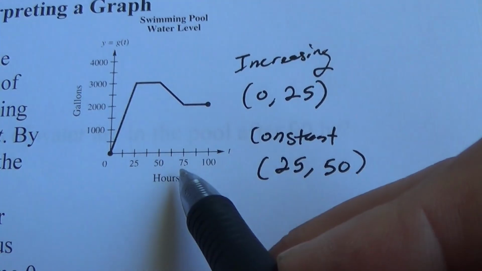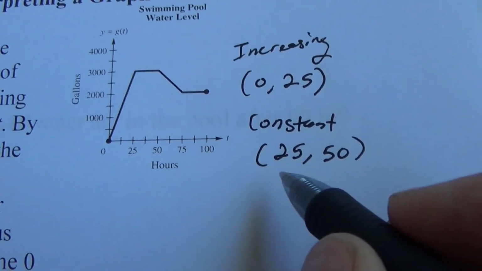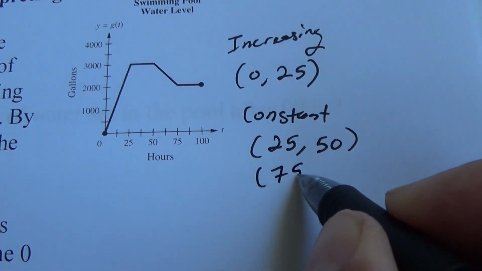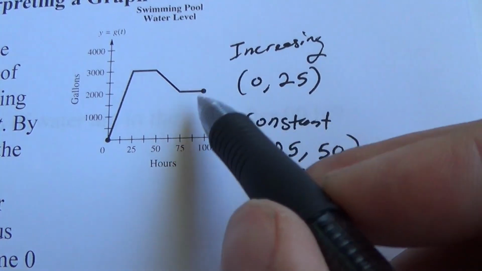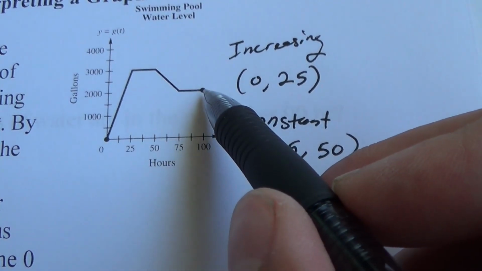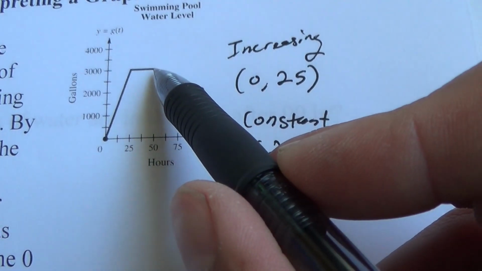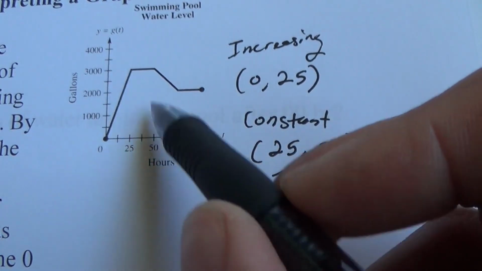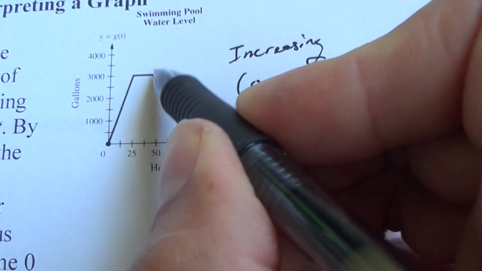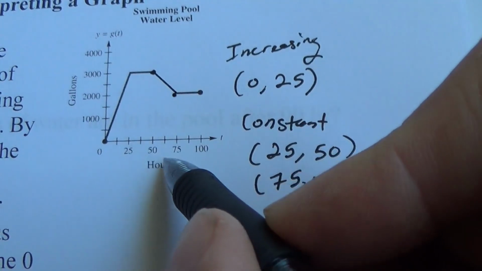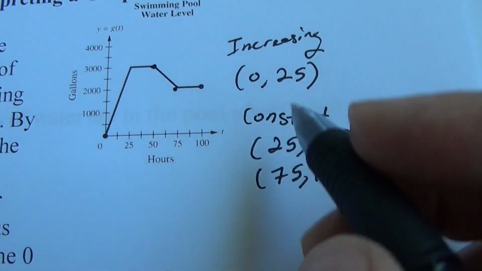And is also constant at 75 to 100 hours. It is decreasing from 50 to 75 hours. From here to here it's decreasing, so that's from 50 to 75 hours.